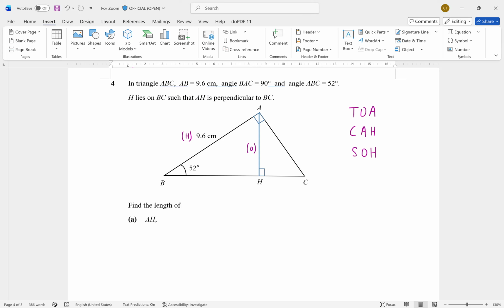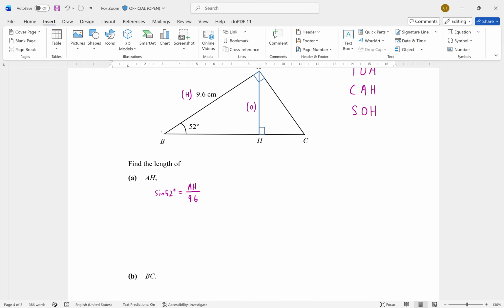Okay, so now we know that what we need to do is to use the sine trigo ratio. Alright, so sine 52 degrees equals O over H. So O is the AH that we want to find, and H is the 9.6. From here we will be able to calculate AH. So AH will be 9.6 sine 52 degrees.